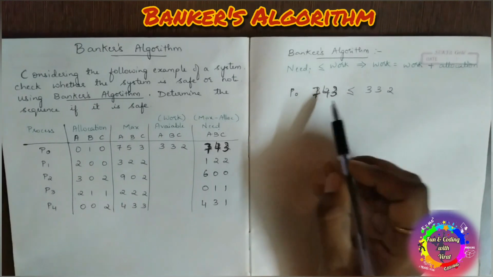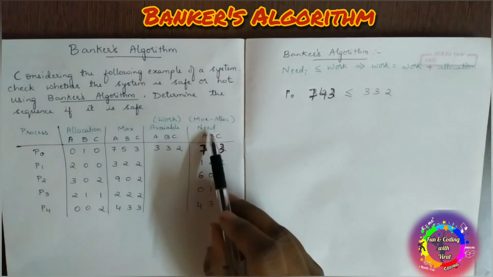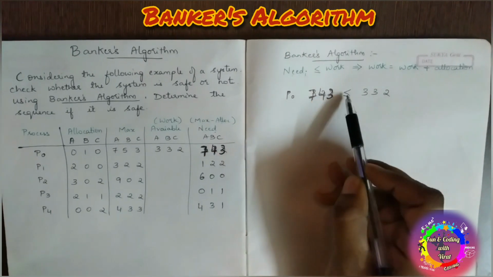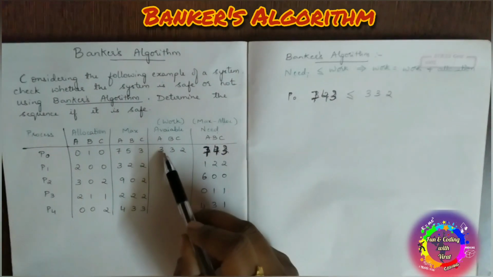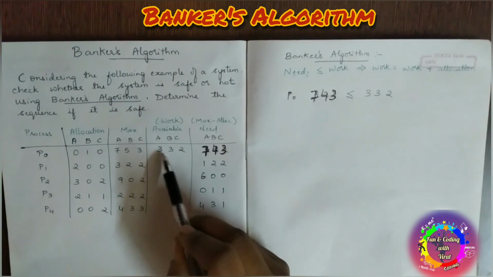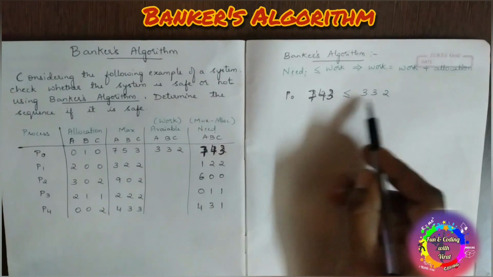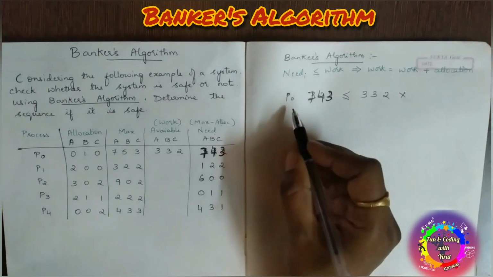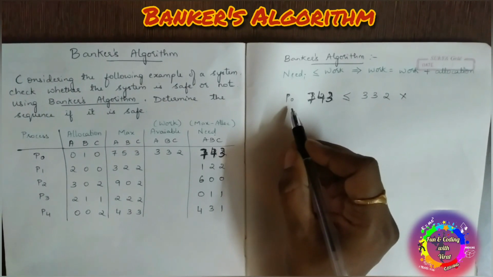Okay. Now if you check, need is from this table 7, 4, 3, is it less than or equal to work? Work is already mentioned as 3, 3, 2. Does this satisfy? No, this doesn't satisfy. Okay, so P0 can't be given resources now.